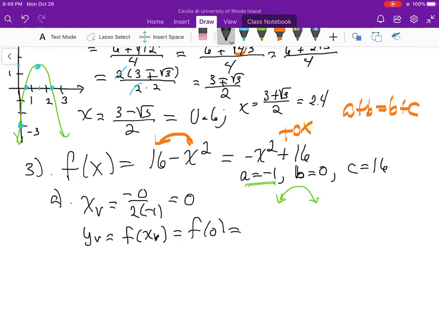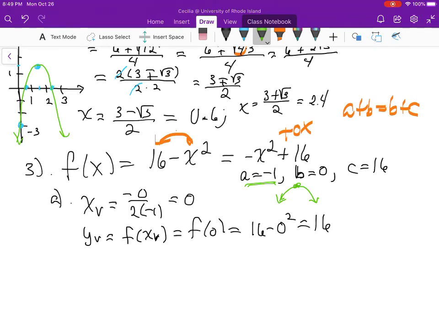If you want to use this first one, you can. 16 minus 0 squared is just 16. So now we know that our vertex is at a height of 16 and an x-coordinate of 0.